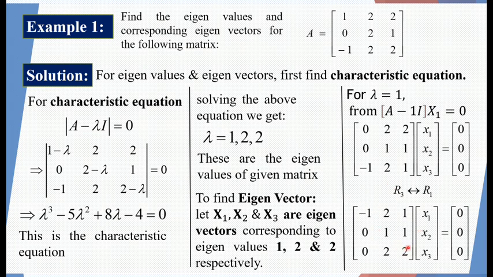The second diagonal element is unit, so make the element below it 0. If we subtract twice R2 from R3, then these two elements become 0. Applying R3 as R3 minus 2 R2, we get minus 1 2 1, 0 1 1 and 0 0 0, times x1 x2 x3.